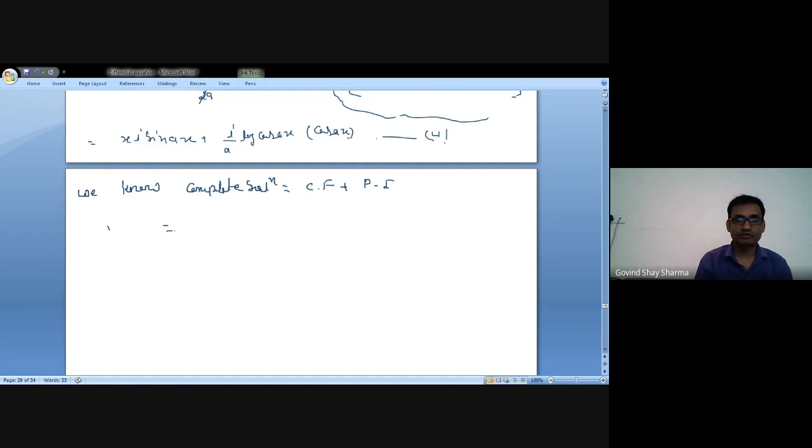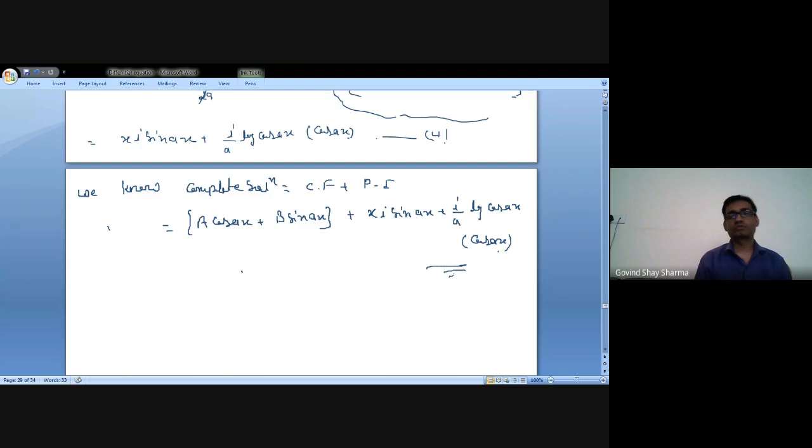CF is cos ax plus D sin ax, plus PI. PI is x sin ax plus iota upon a log cos ax, multiplied by. So this is the solution of this differential equation.